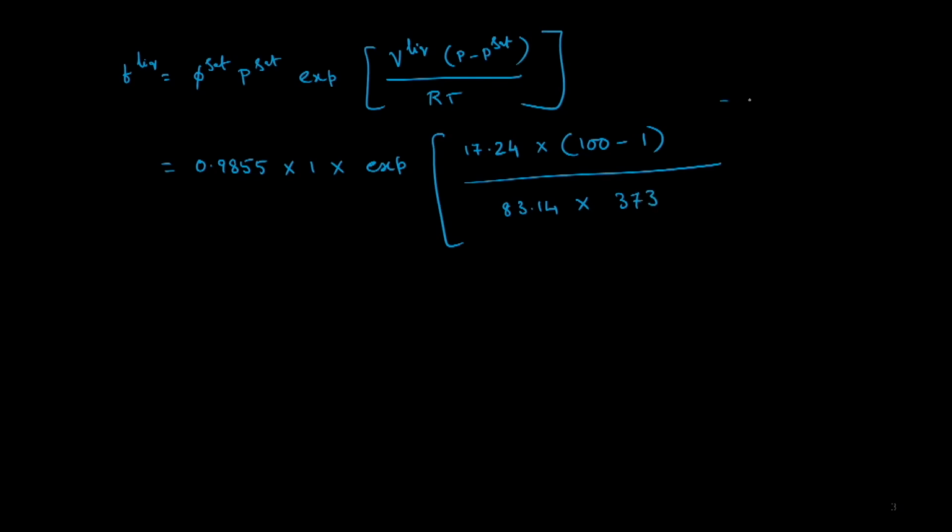The temperature is 373 Kelvin. With these numbers, the first two numbers, the product of those is 0.9855, of course, multiplied with the exponential value I have, which is 1.0566.